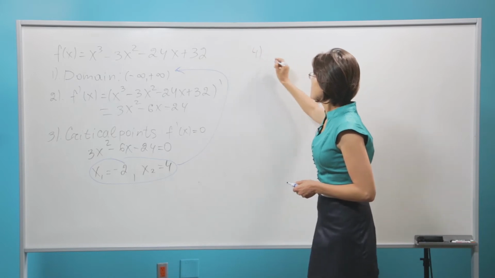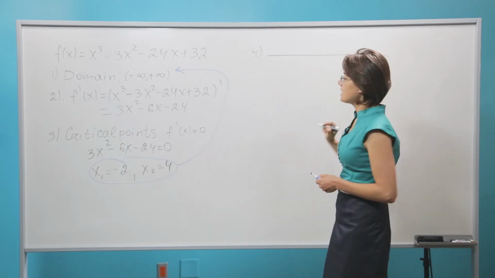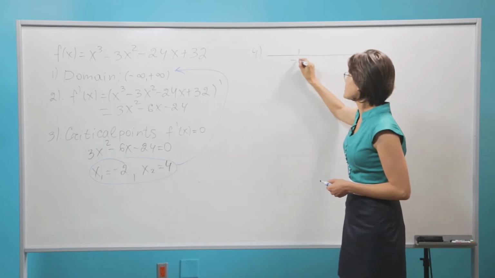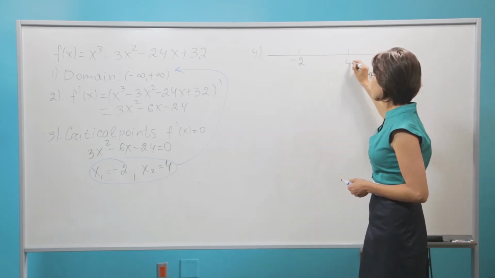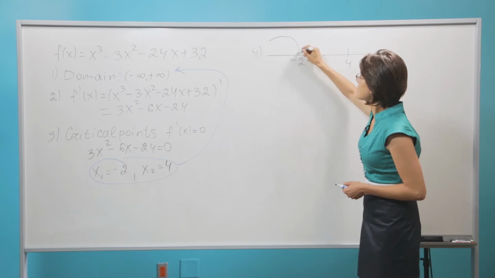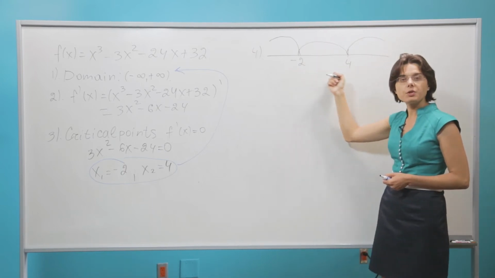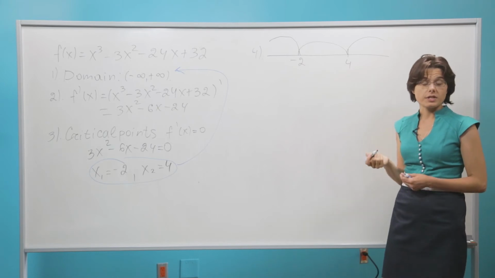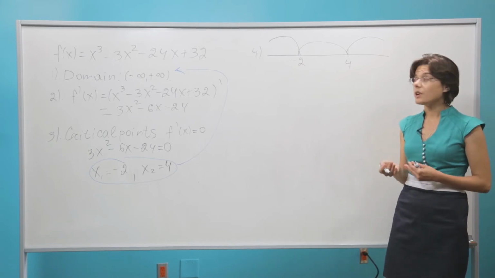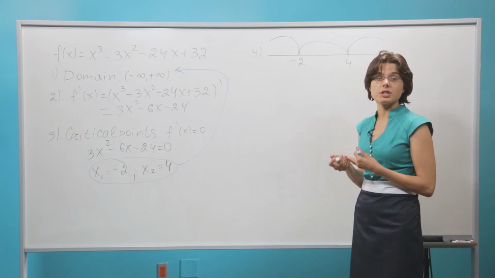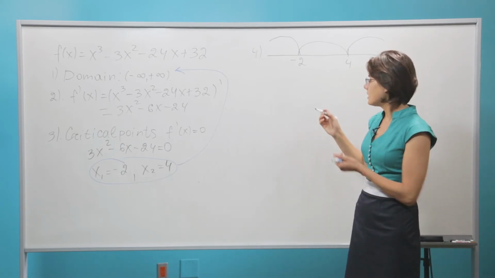We take the domain of the function and subdivide it by our critical points, minus 2 and 4. We obtain 3 subintervals. On each subinterval, we have to investigate the sign of the derivative. If the derivative is positive, the function will be increasing on the interval. If it's negative, the function is decreasing on the interval.